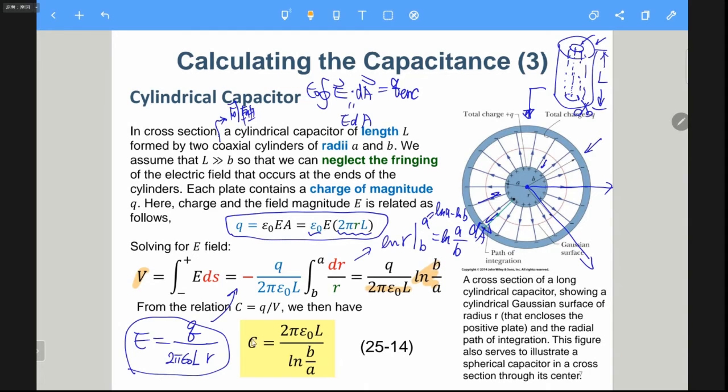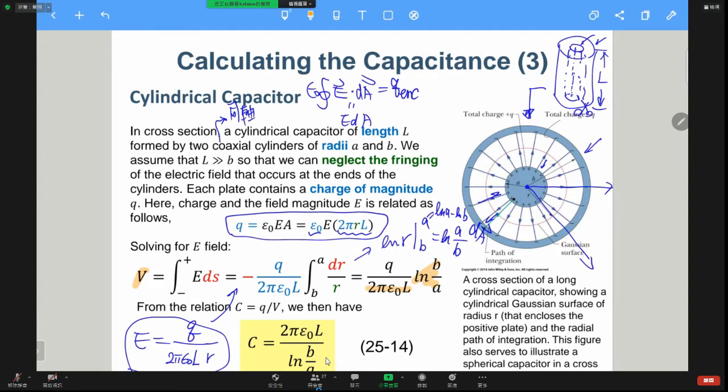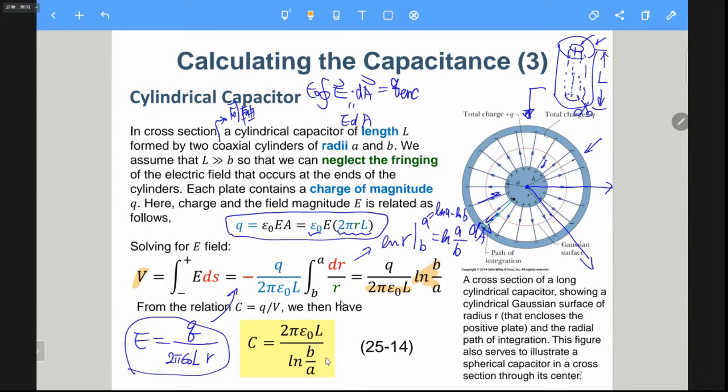So we finally get the expression of the capacitance of a cylindrical capacitor like this. So pretty much like that.